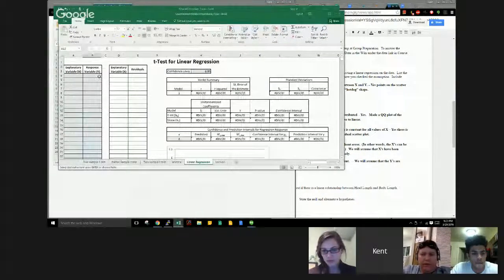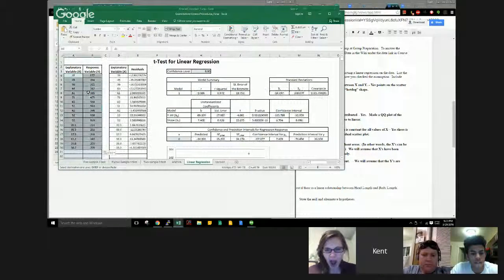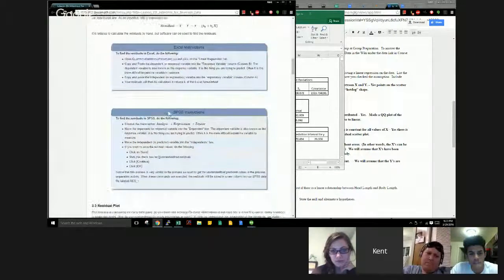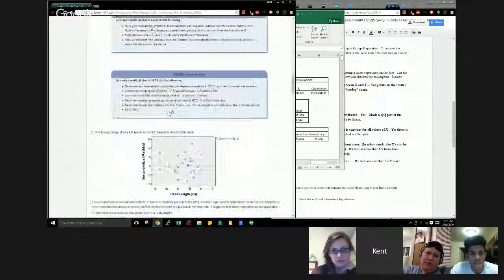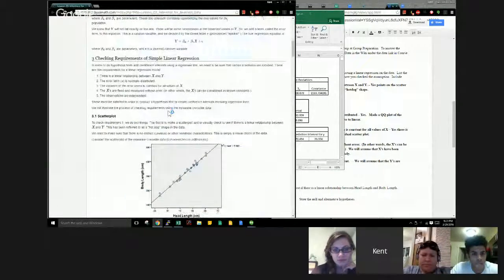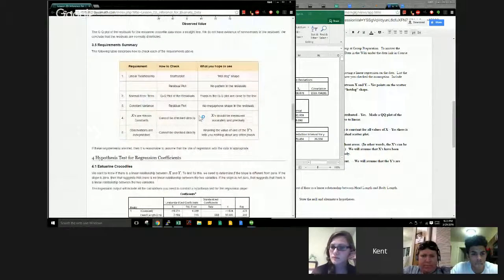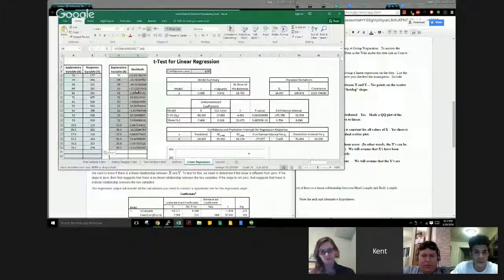Mine are all spread out everywhere. Which one did you plug it into? Which QQ plot? I just plugged it into the regular QQ plot on the quantitative descriptive statistics. Are you plugging just the residuals in? Yeah, just the residuals. Yeah, the residuals are all over the place.